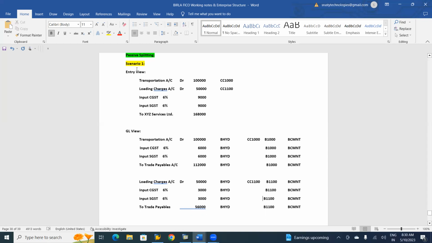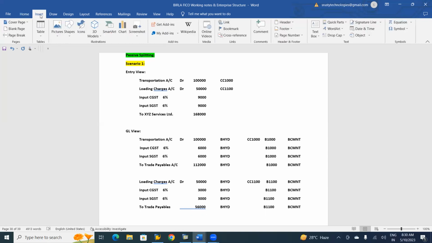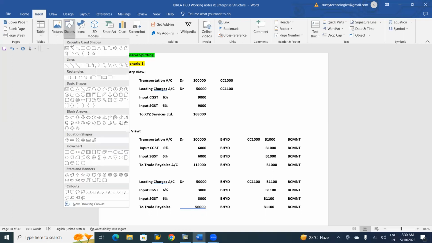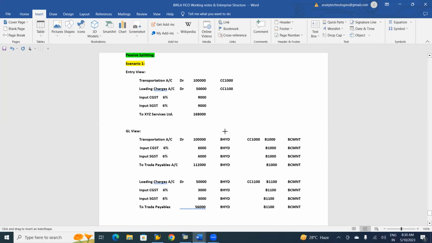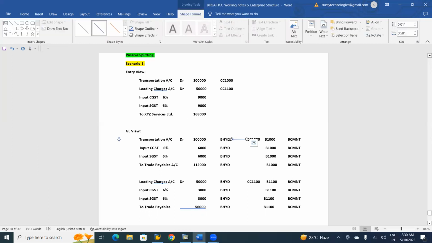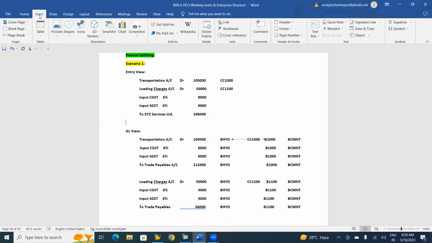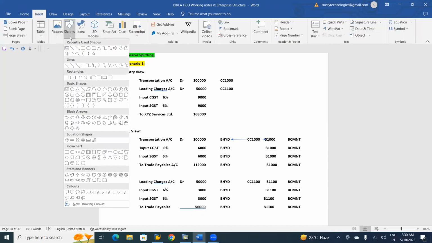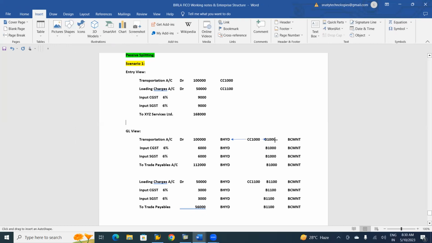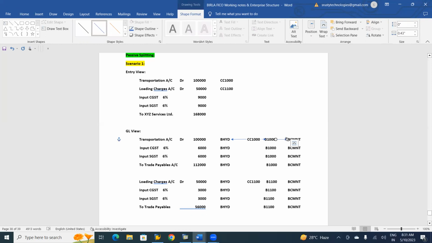So here, how is it going to be picked? See, in the CO module, everything will be picked from the cost center only. So your business area will be picked from the cost center, and your profit center will be picked from the cost center. Space is the constraint here. And what we call the segment will be picked from the profit center.